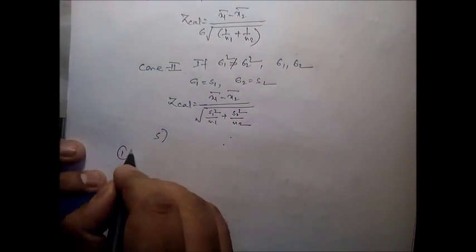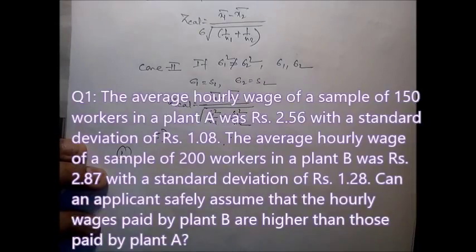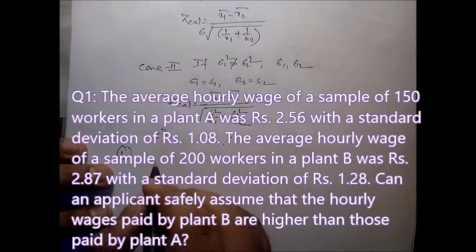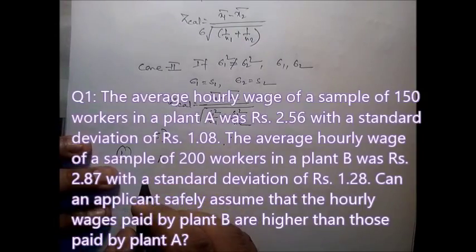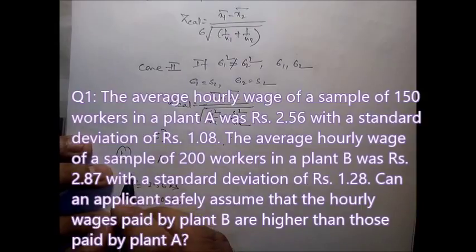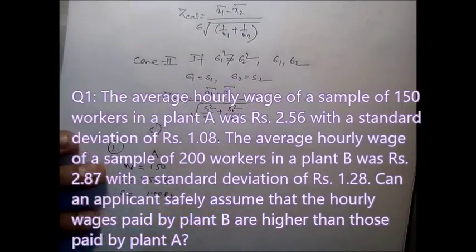So first problem is the average hourly wage of a sample of 150 workers in plant A was rupees 2.56 with a standard deviation of 1.08 rupees.